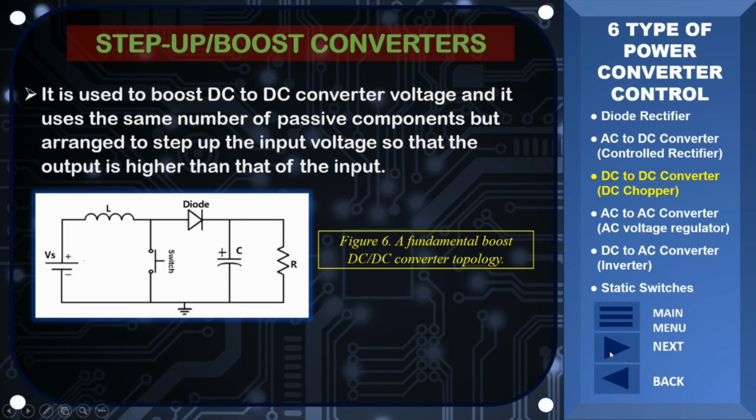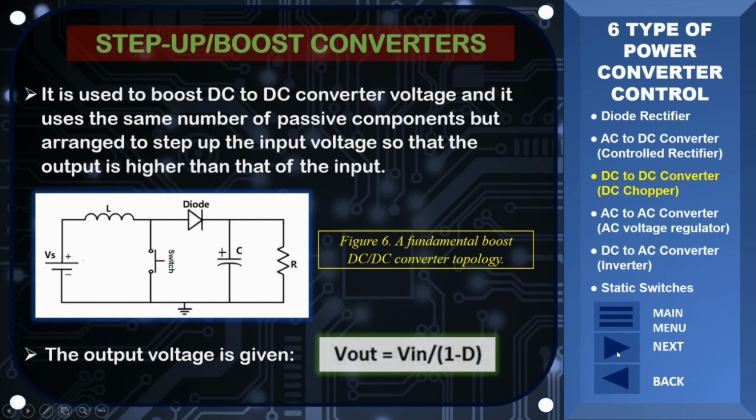To reduce voltage ripple, filters made of capacitors, sometimes in combination with inductors, are normally added to such a converter's output, load side filter, and input, supply side filter. The output voltage is given by the equation: output voltage is equal to input voltage over 1 minus the duty cycle.